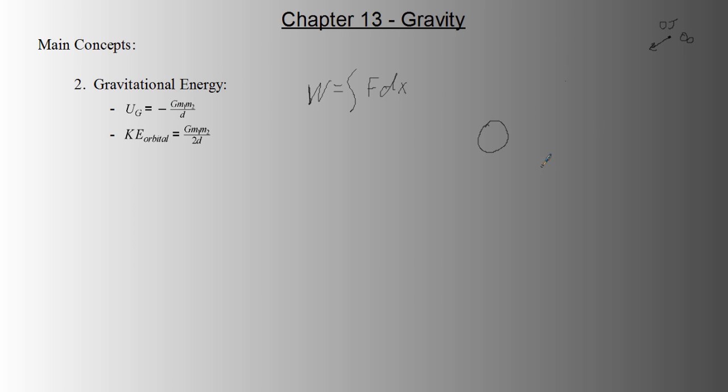So for these problems in this chapter, we're going to define gravitational potential energy as 0 out at infinity, and it will be more and more negative as you get closer. Alright, so basically just calculus to get this.